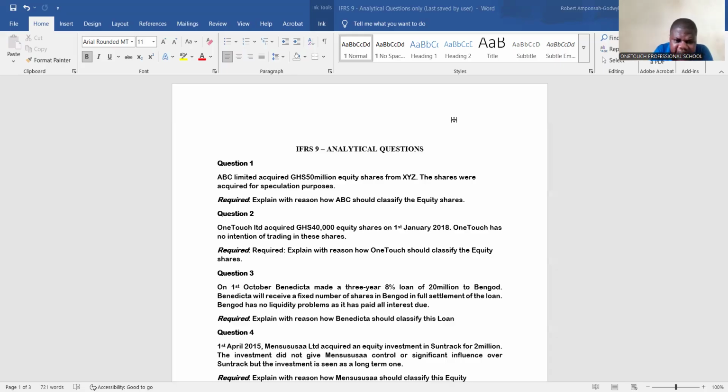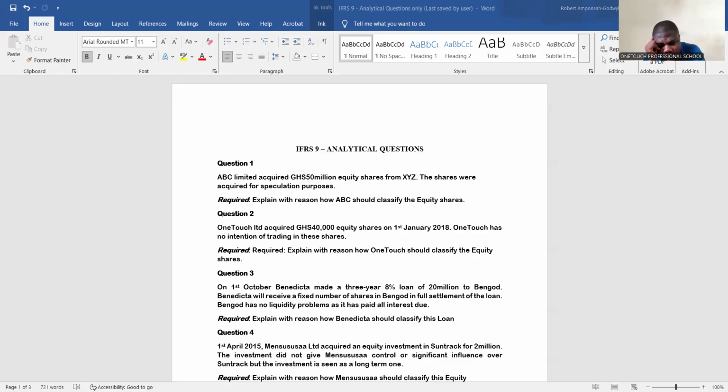Bengal has no liquidity problems as it has paid all interest due. How should this be treated?